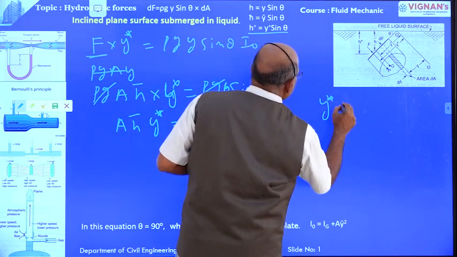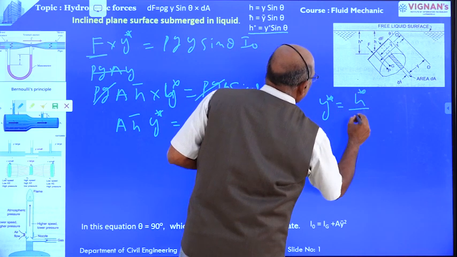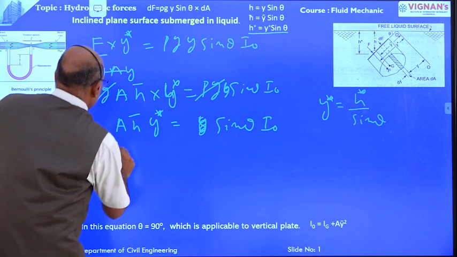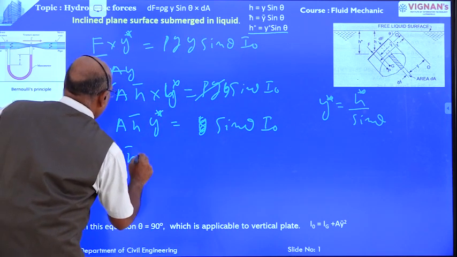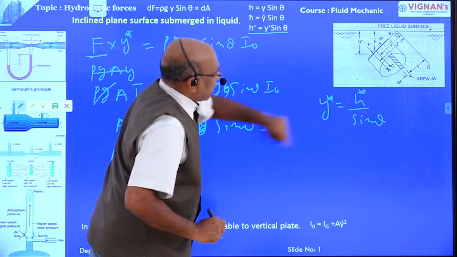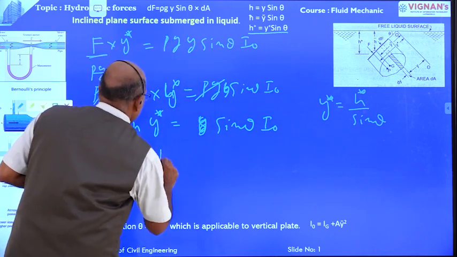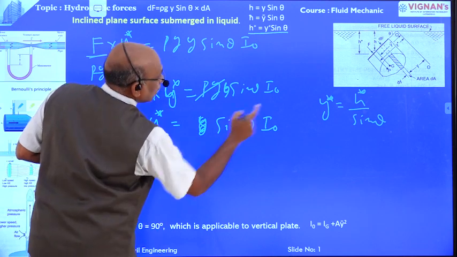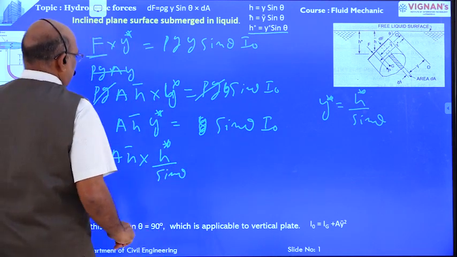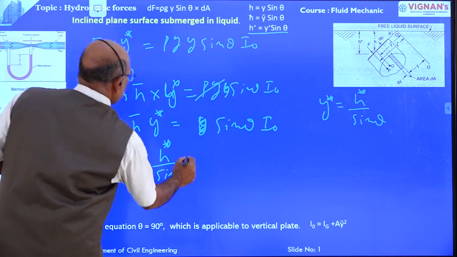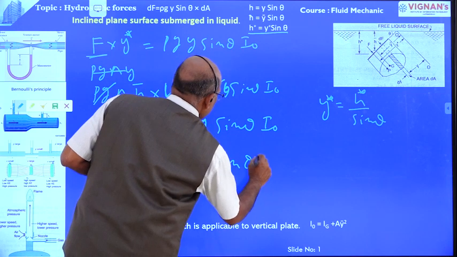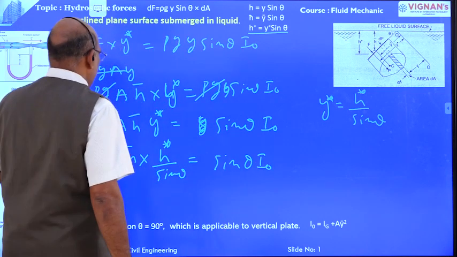Therefore, a h bar into h star divided by sine theta is equal to sine theta I0.